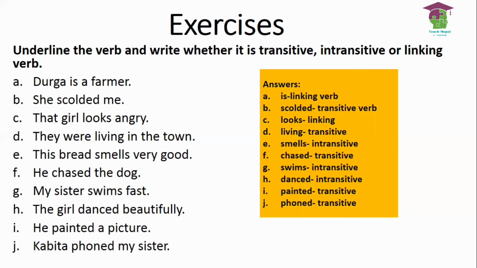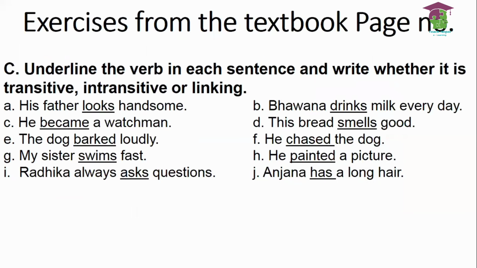The girl danced beautifully, beautifully also is not an object, so we call this intransitive. He painted a picture, that's what we call transitive. Kavita phoned my sister, that's again transitive.